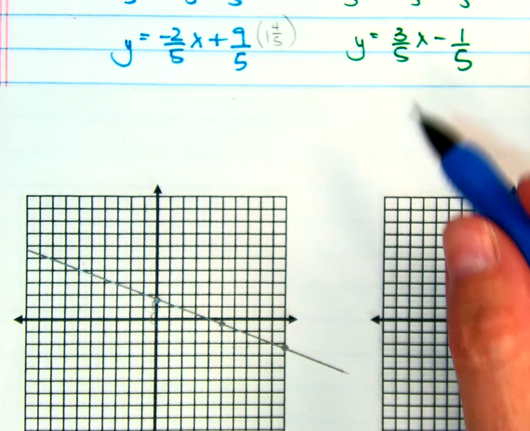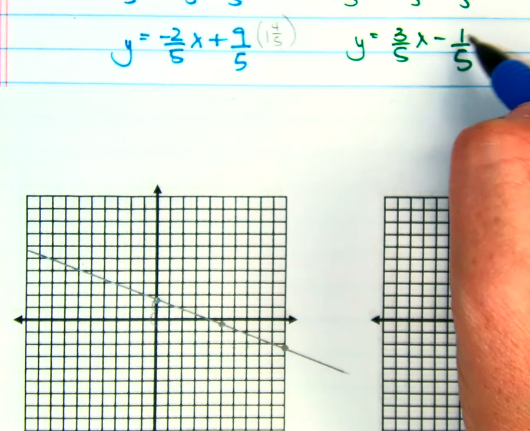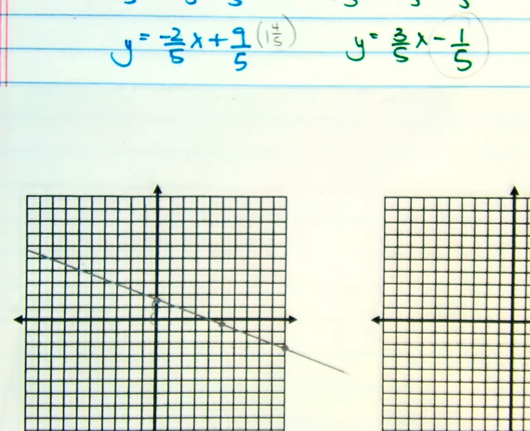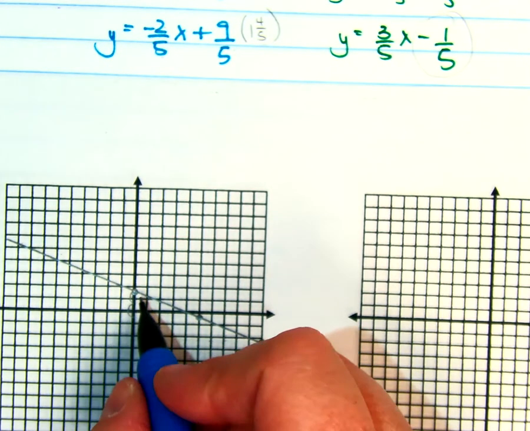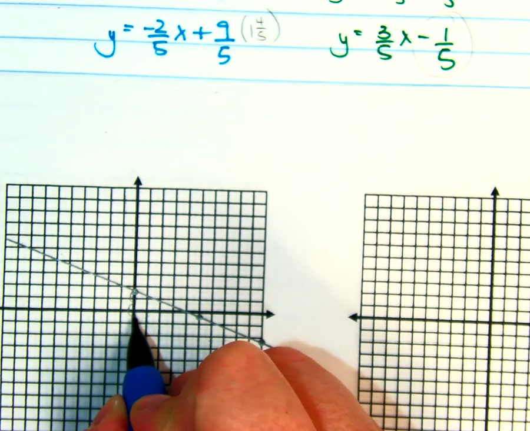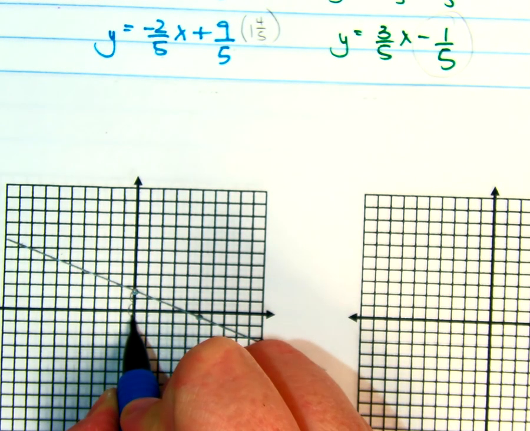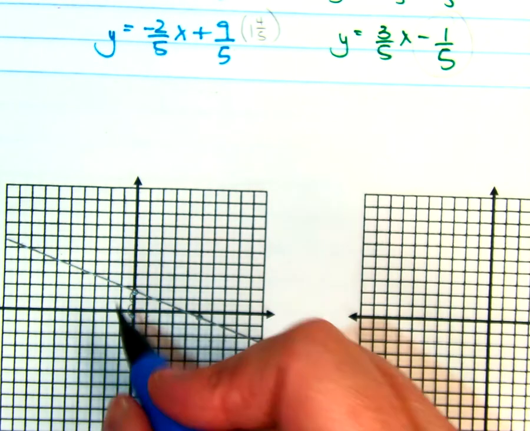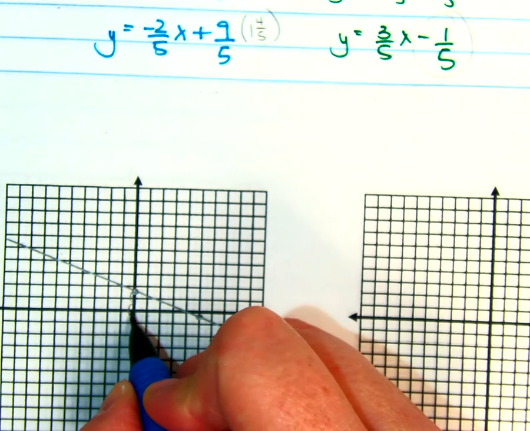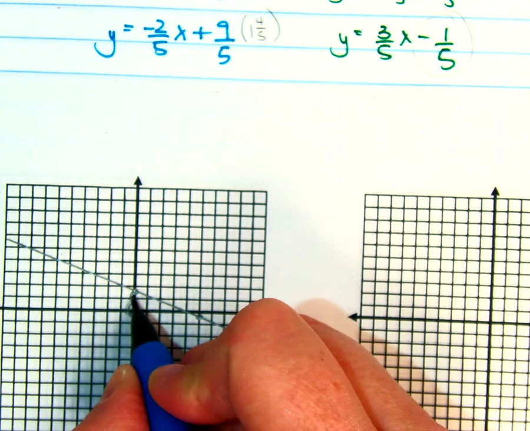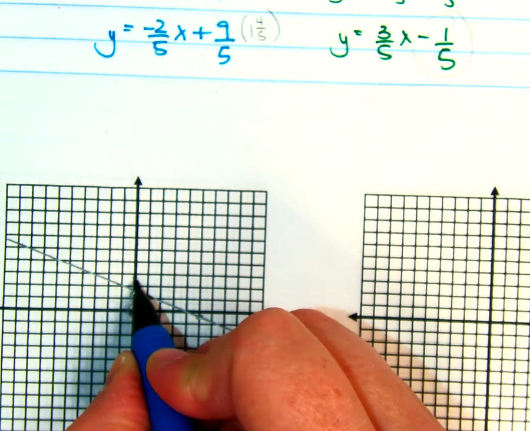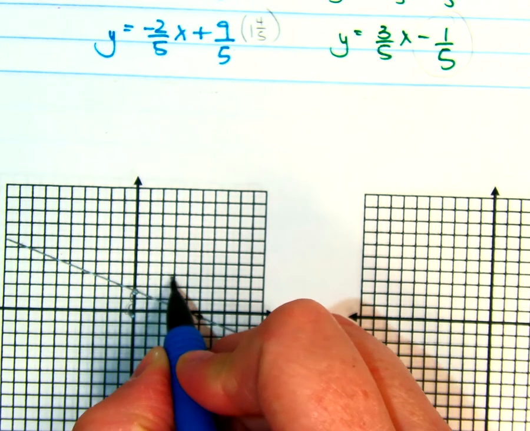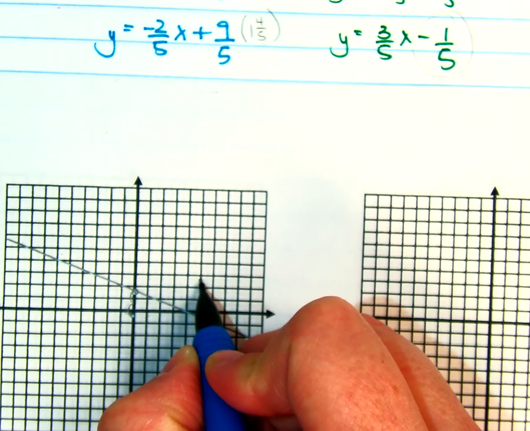Okay. I'm going to graph my second line. So y-intercept of negative 1/5. It's just a little bit, so it's like right there, with a slope of 3/5. So up 3, 1, 2, 3, and then to the right 5. 1, 2, 3, 4, and 5.